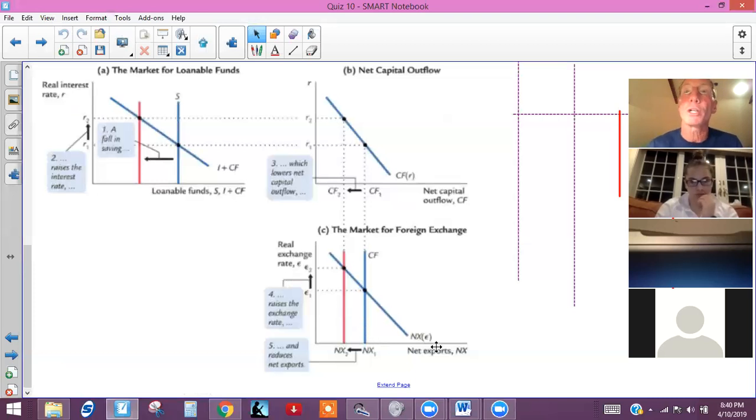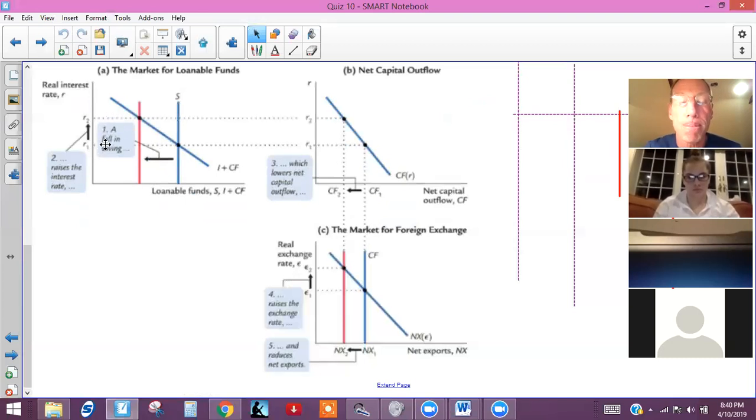And when net exports go down, that's going to drive our exchange rate up. Okay. And obviously, if interest rates drop, then it's just the opposite of what happened.